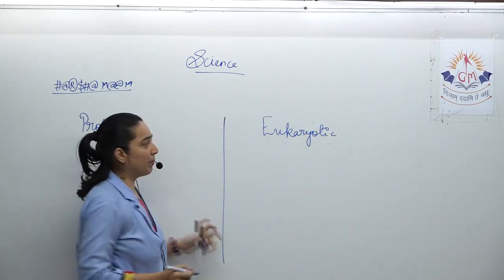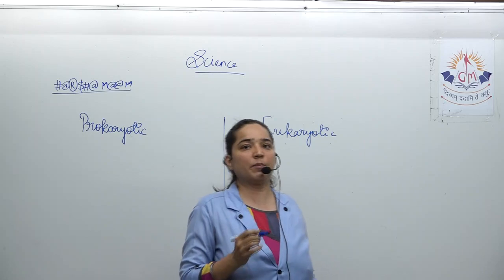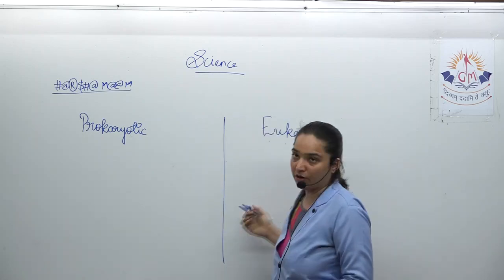Any organism can be bifurcated into two parts. Either it is prokaryotic or eukaryotic.